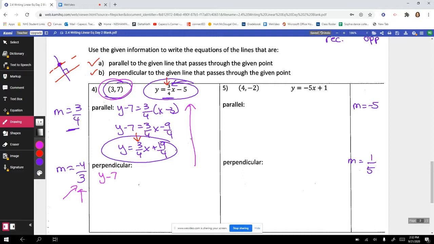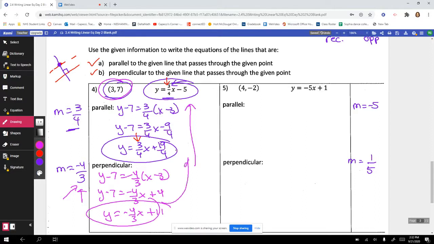So I have y minus 7 is equal to -4/3 times x minus 3. So I have y minus 7 is equal to -4/3 x plus 12/3, which is going to give me 4. So y is equal to -4/3 x plus 11. That line is going to be perpendicular to my given line.